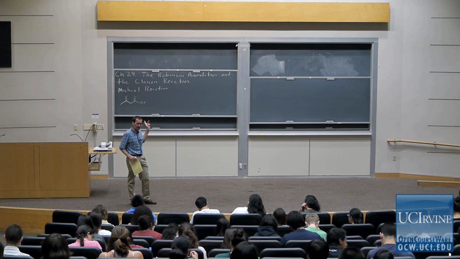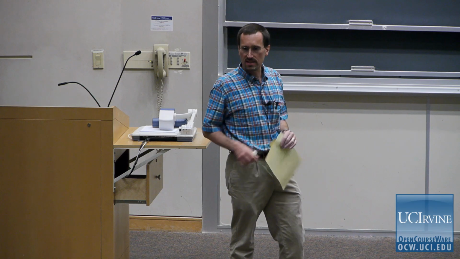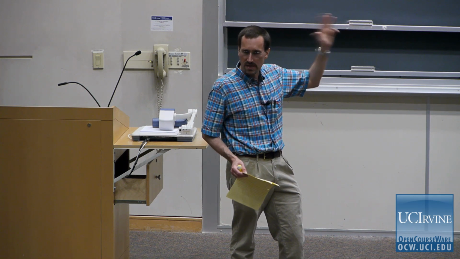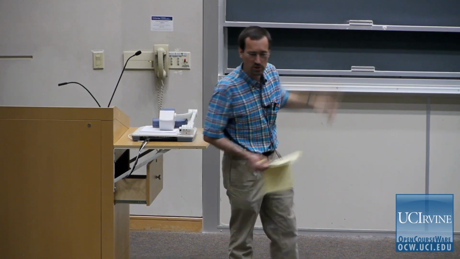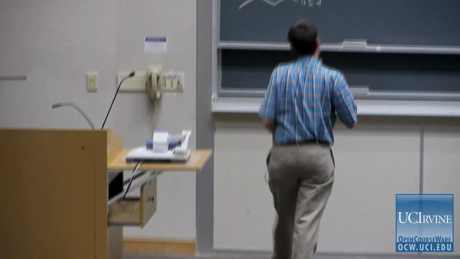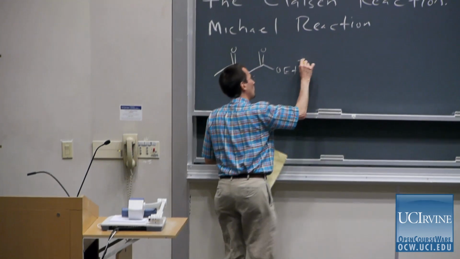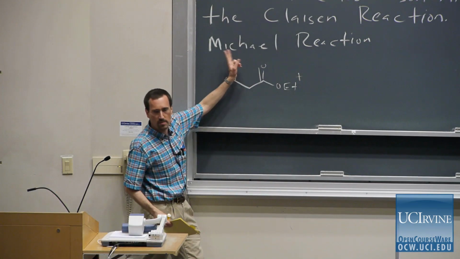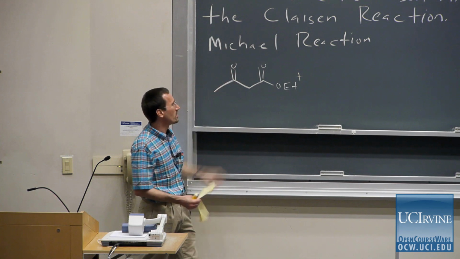This particular example, ethyl acetoacetate, has a pKa of 12. And I said generally less than or equal to 15 pKa, we go through Michael addition, and generally greater than 25, we go through 1,2 addition. By the way, another name for Michael addition or Michael reaction is 1,4 addition.